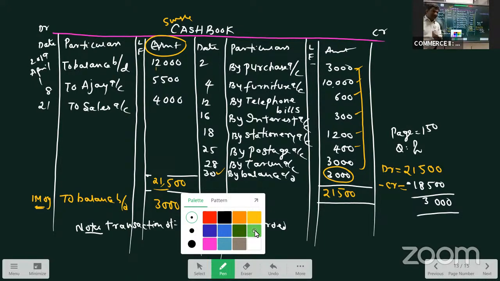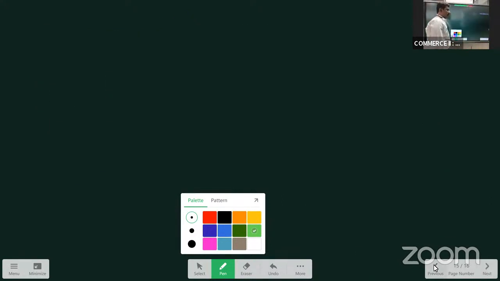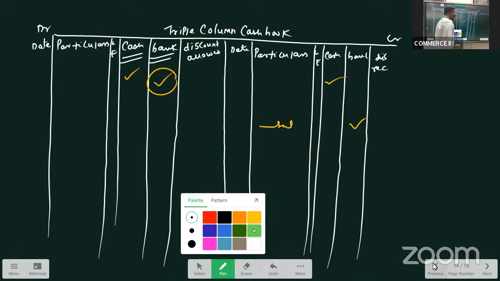Either it will be a receipt or it will be a payment. A transaction cannot itself be, till now what you know, both a receipt and payment, except in two cases. I'll tell you. That happens only in 3-column cash book. I am talking about an exception that happens in 3-column cash book.